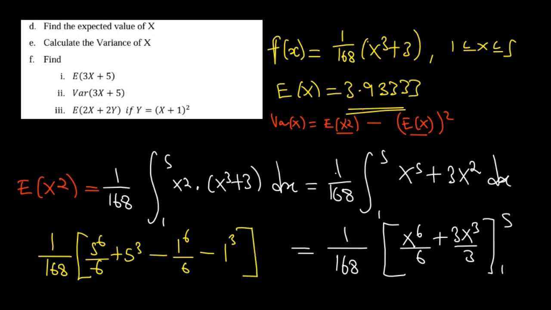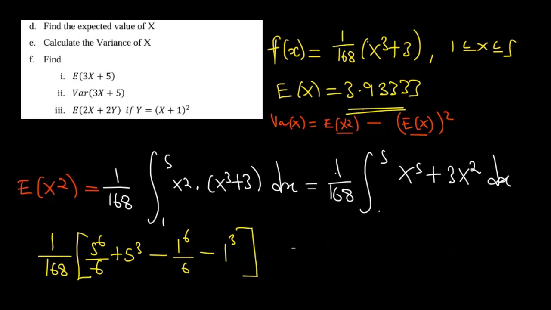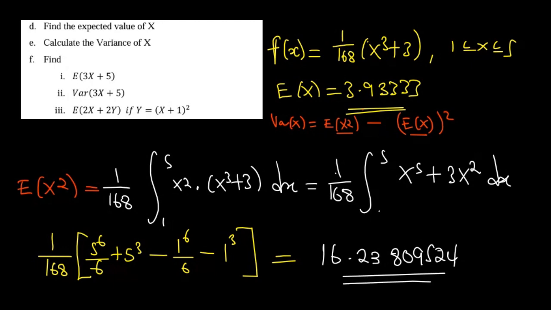So what do we get there when we punch this on the calculator? My calculator says that the expected value of x squared is 16.23809524.